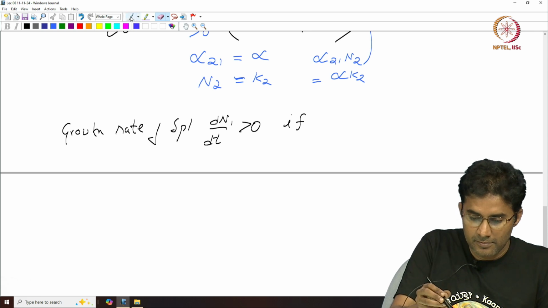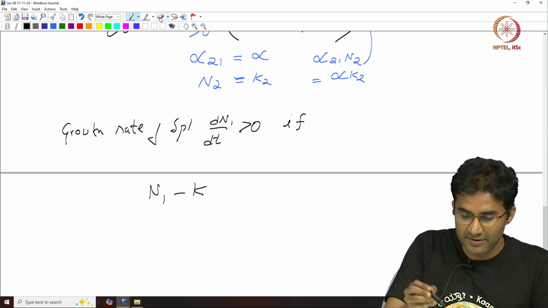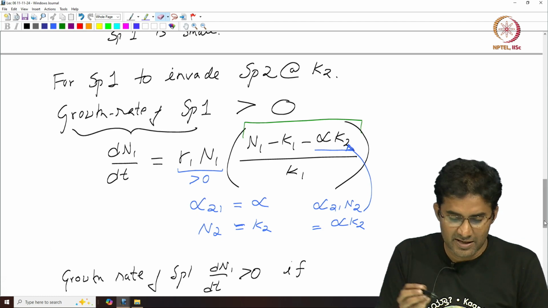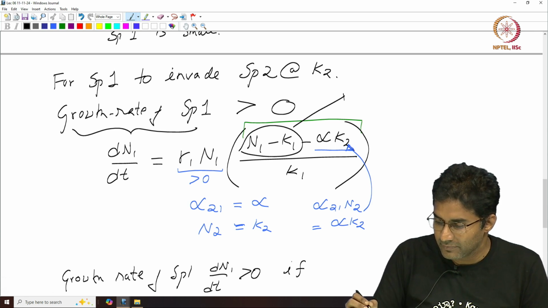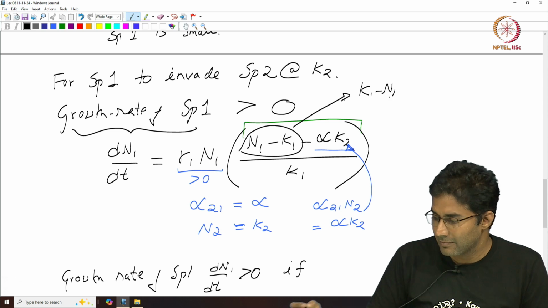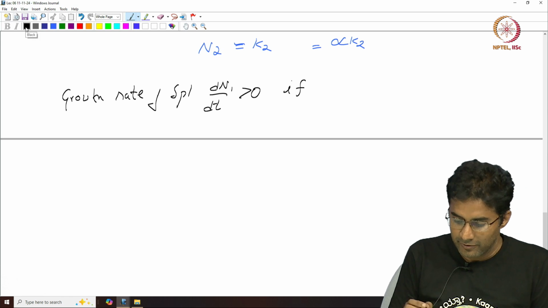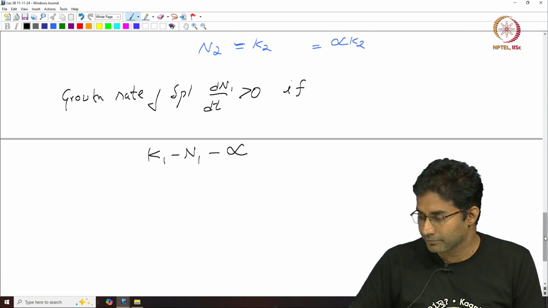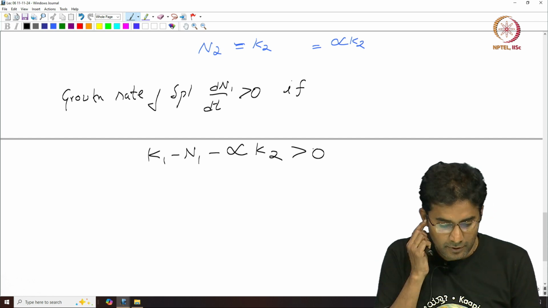Sorry, I think I made a mistake here. I got the two terms swapped, so this should really have been K1 minus N1. I am going to fix that now. So, if K1 minus N1 minus alpha times K2 is positive.